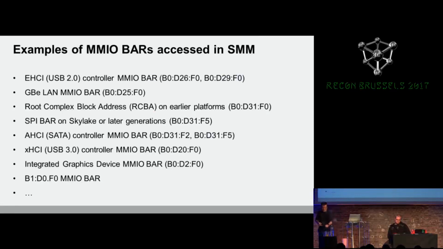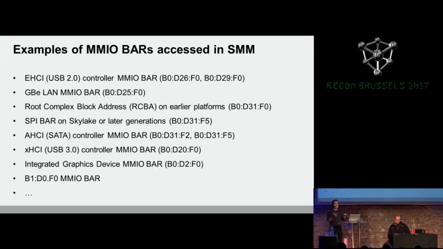And what we've observed in multiple types of firmware, including UEFI and Coreboot firmware, is that the SMI handlers communicate with a lot of MMIO BARs. Examples include EHCI, USB 2 BARs, gigabit Ethernet LAN, root complex MMIO, that's the main MMIO for the PCHs.